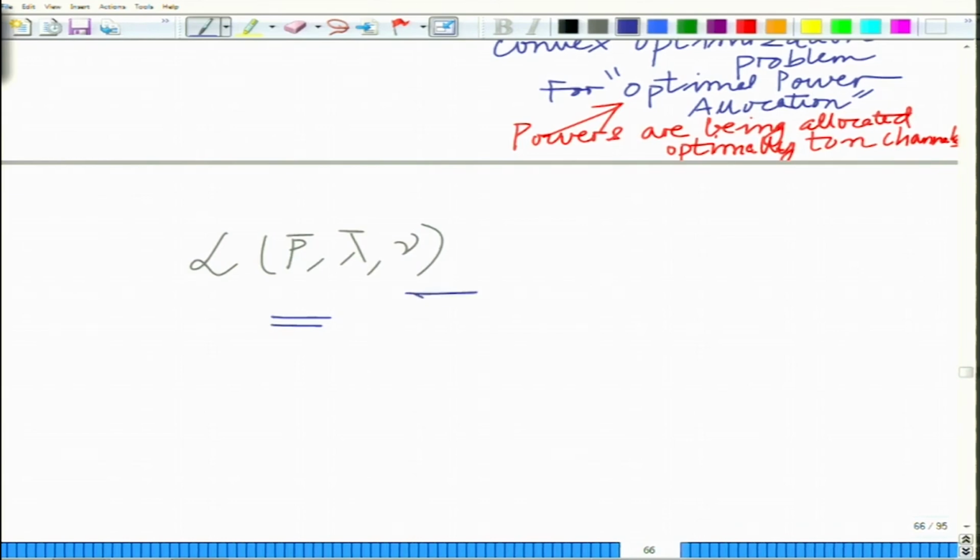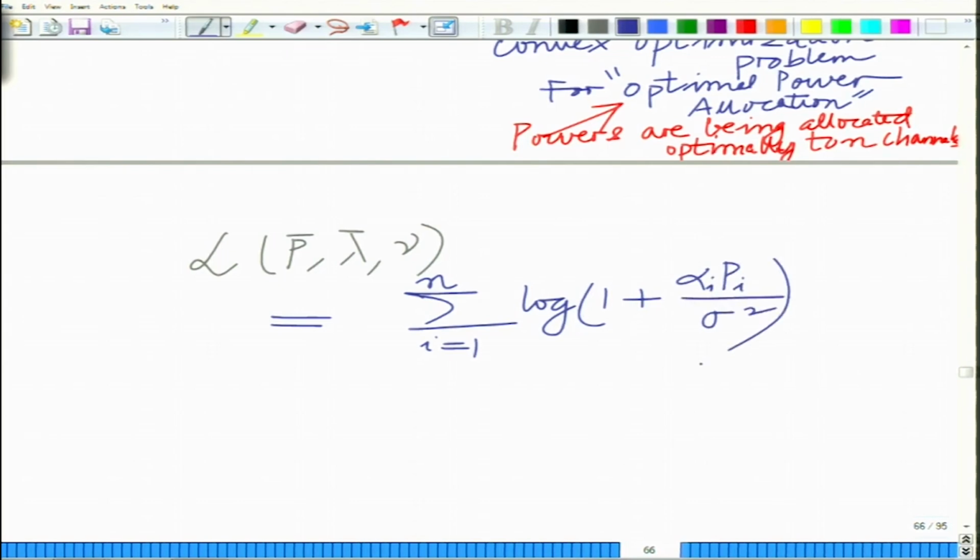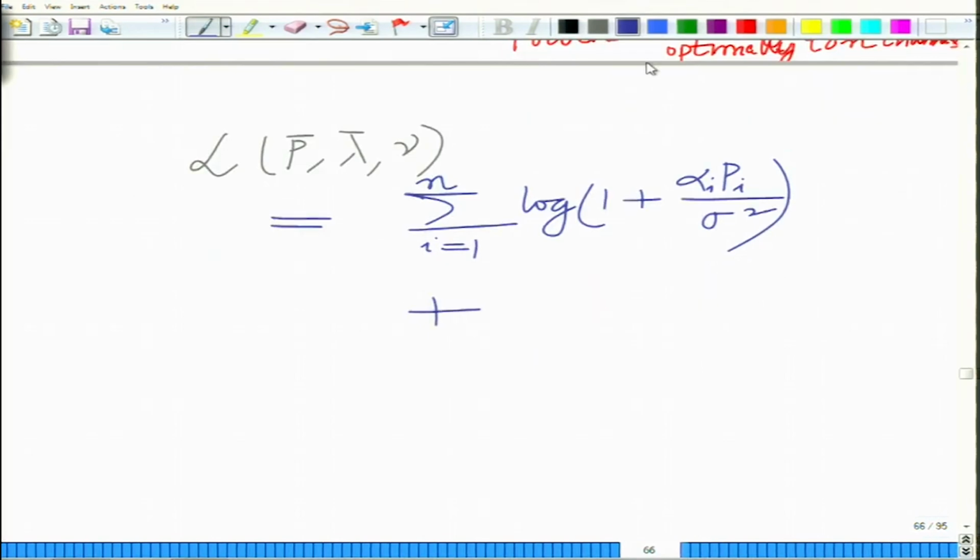So this will be the objective function, summation i equals 1 to n of log(1 + alpha_i P_i by sigma square), plus nu times summation i equal to 1 to n of P_i minus P, this is the equality constraint, minus lambda bar transpose p bar.